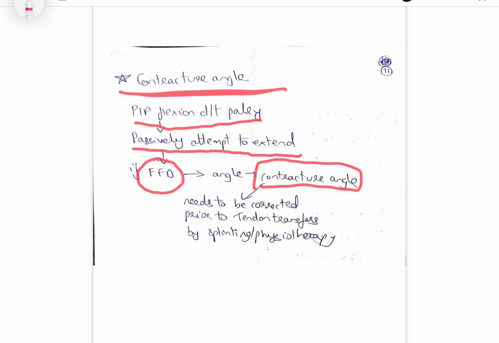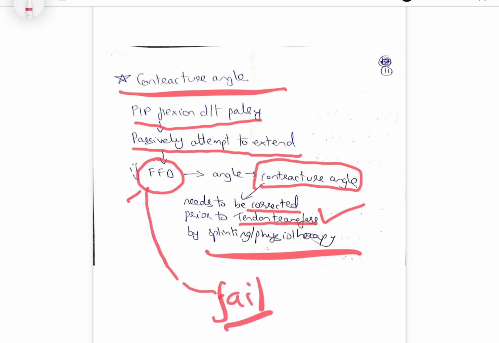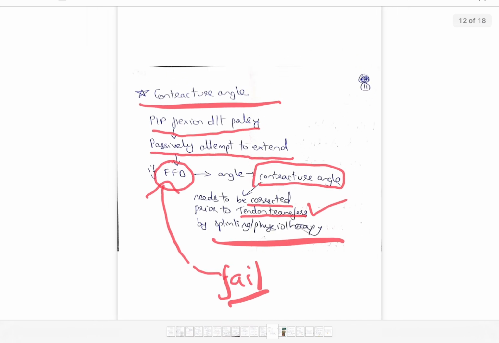Why is it important? Because the contracture angle needs to be corrected prior to tendon transfer by splinting and physiotherapy. If we don't do that, even after a successful and meticulous tendon transfer, the surgery will fail because there is a fixed deformity at the IP joint. Am I making sense?